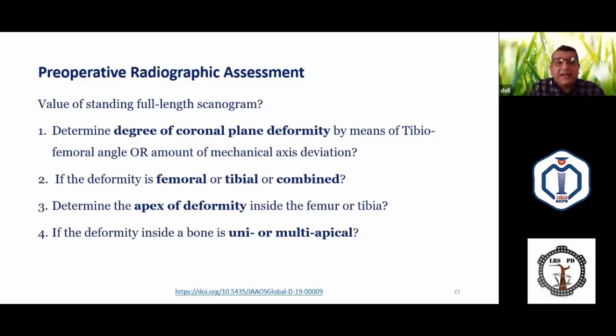You can also detect from the scanograms where the apex of the deformity is inside this particular bone. In the tibia, is it diaphyseal, is it metaphyseal, and so on. You can also record if it has one apex or multiple apices inside the bone.